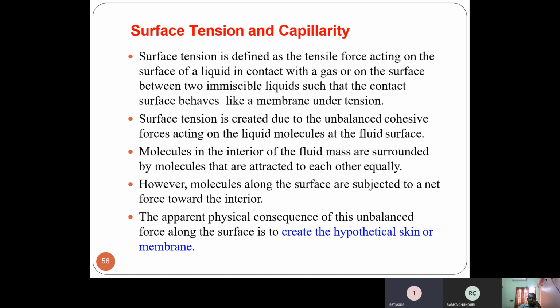Surface tension and capillarity. What is meant by surface tension? I think in the 9th standard you studied this. If you see the rain, understand how water dews fall from the sky to earth.